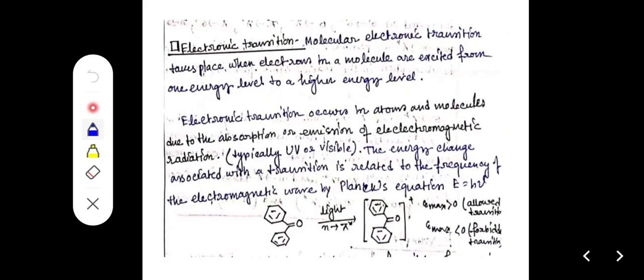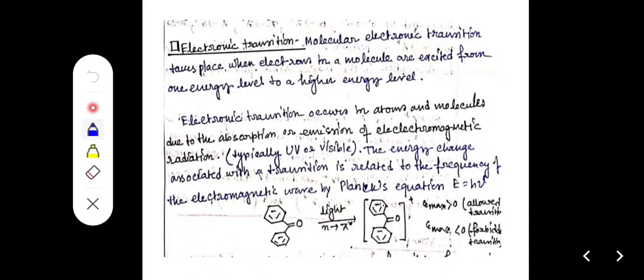Now we consider electronic transition. Electronic transition takes place when electrons in a molecule are excited due to incident radiation from one energy level to a higher energy level, right? Electronic transition occurs in atoms and molecules due to the absorption or emission of electromagnetic radiation, specifically in the UV or visible region.